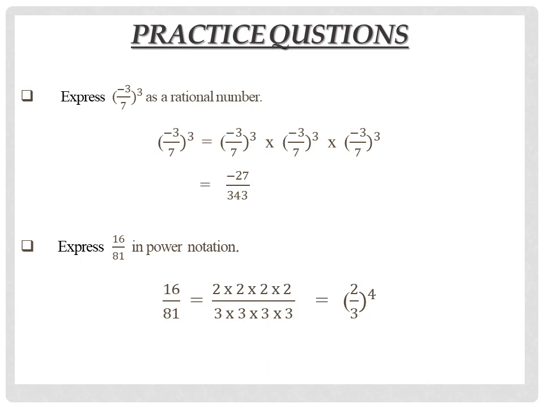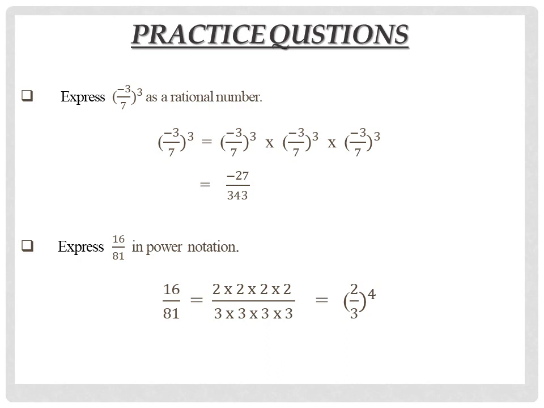Taking another example, express 16 upon 81 in power notation. We first find the prime factorization of 16 and 81, which you studied in earlier classes. The prime factorization of 16 is 2 multiplied by 2 multiplied by 2 multiplied by 2.